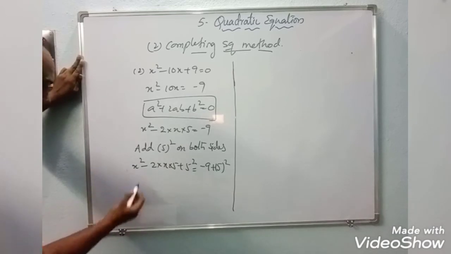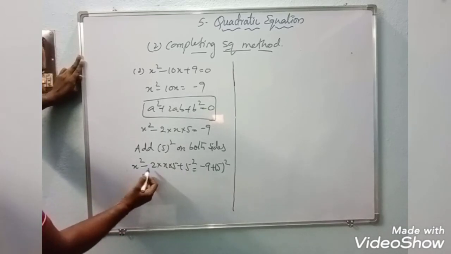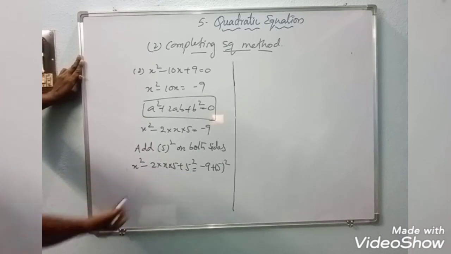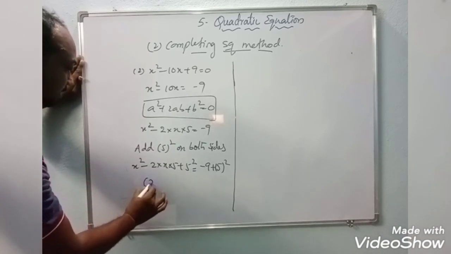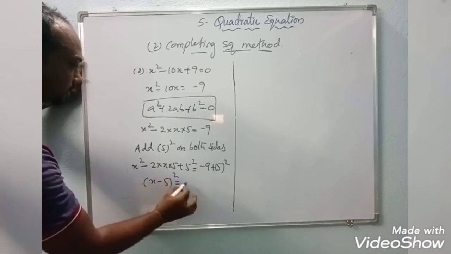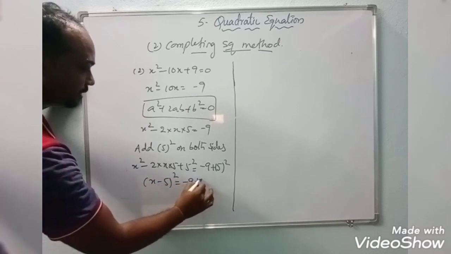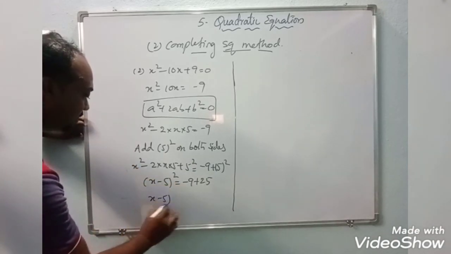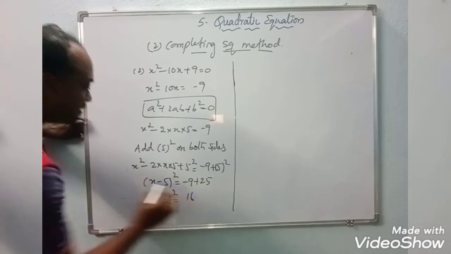Now it is in the form of a square minus 2ab plus b square. So minus 2ab means the a minus b whole square formula, that is x minus 5 whole square is equal to minus 9 plus 25. Now subtract these two. Now 25 minus 9 is how much? So x minus 5 whole square is equal to 16, I am getting.